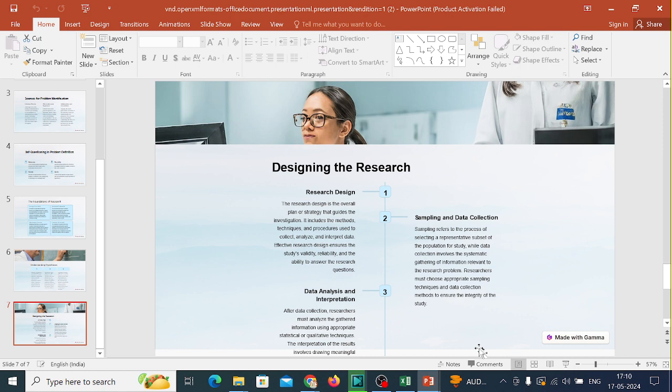One of the most important things of designing the research is to ensure validity and reliability. These two are the most important parts. Why? Because while you are presenting your research work before the professors, they will ask you questions on the basis of the topic you selected and the subject you have researched.